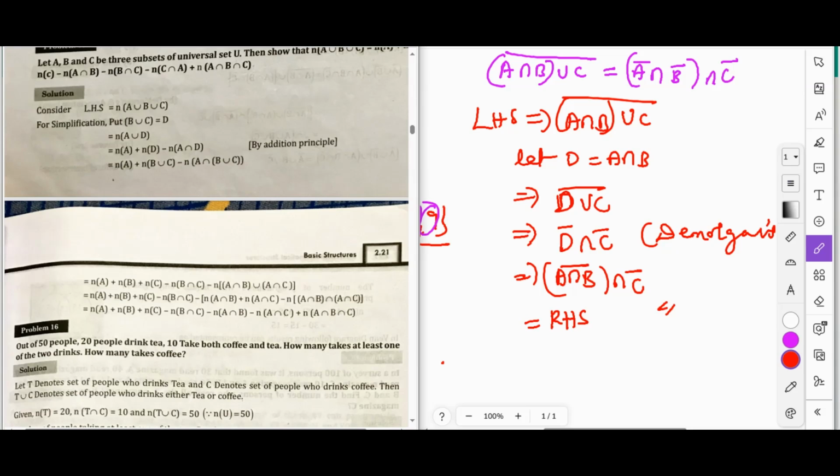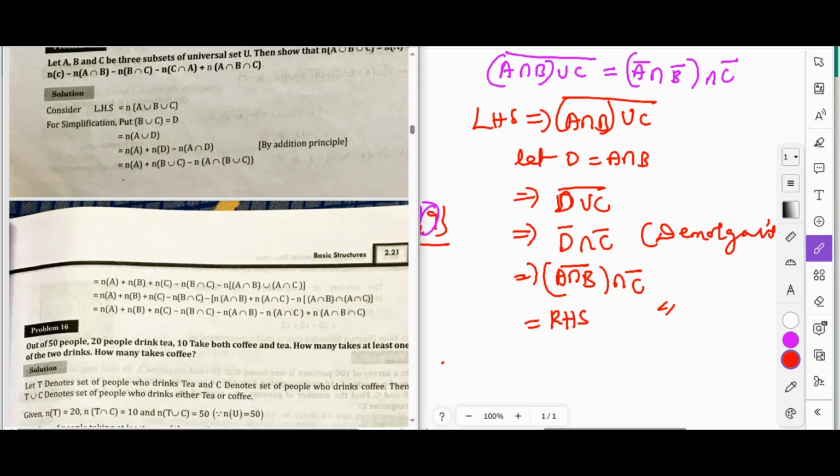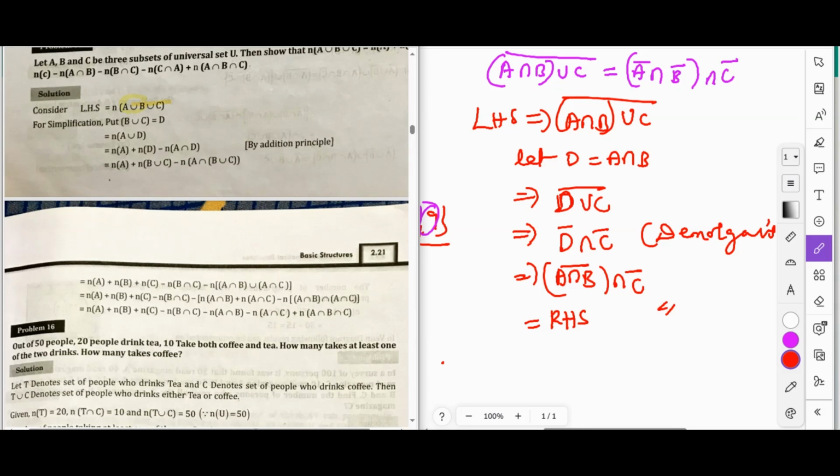Here we are going to prove it for A union B union C. In place of B union C, we take D. Then substituting, we get n of A union D. The formula is n of A plus n of B minus n of A intersection B. So n of A as it is, in the place of D we write B union C, then A intersection B union C. Then n of A plus n of B union C, again the formula, expand: n of B plus n of C minus n of B intersection C.